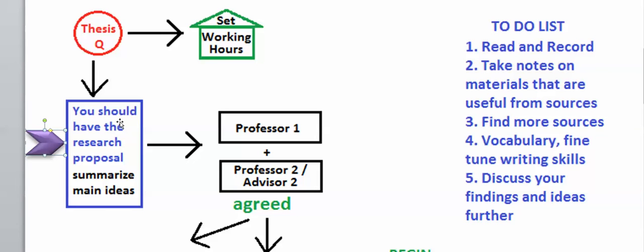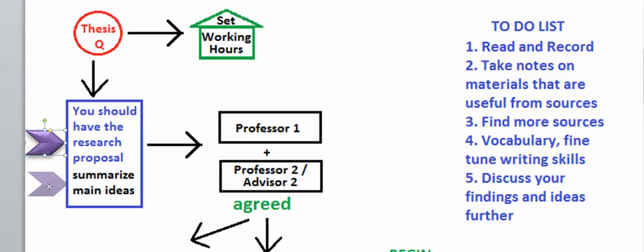If your research proposal is between 3 to 5 pages, try to summarize it very quickly into one page, a page that you print out, so that when you ask the professor if he or she would like to be your advisor, they have one page to quickly look at your thesis question and see if they agree to be your advisor.